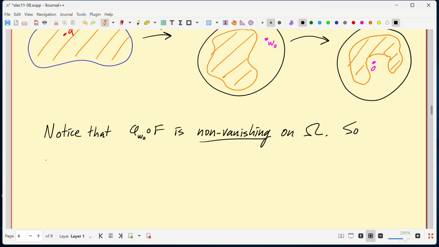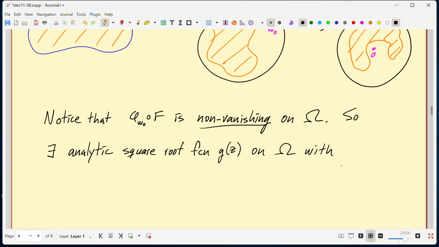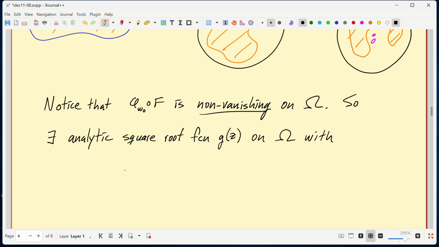So we know there exists an analytic square root function. Let's call it little g on omega, with g squared of z equals this composition, so that would be phi W naught of F of z.